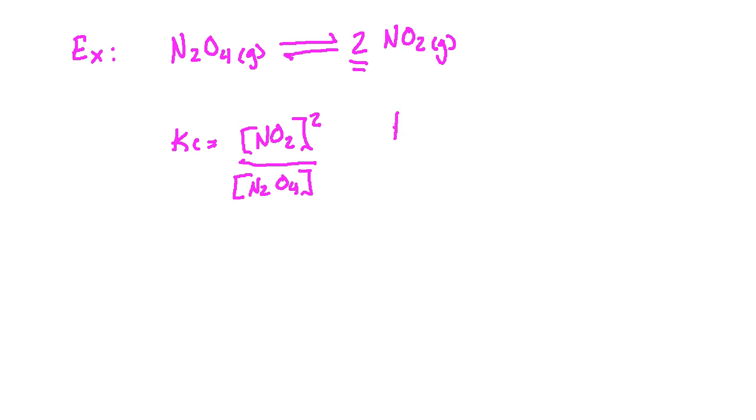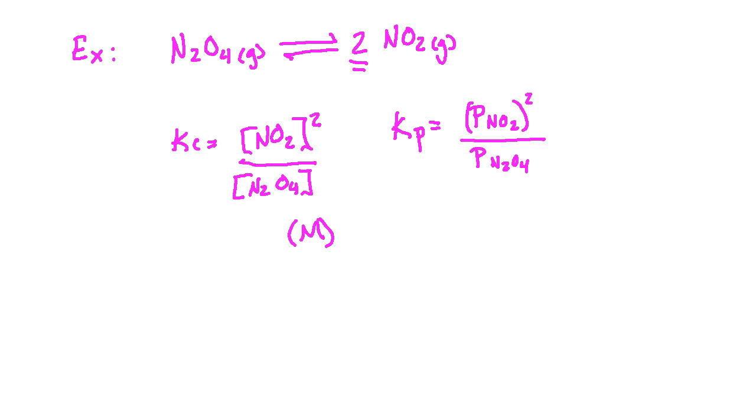Now, if I wanted to do it in pressure, the same rules apply. It would be the partial pressure, so P of NO2, and that needs to be squared because we still raise it to the coefficient, and that would be over the partial pressure of N2O4, and that one could just stay how it is. So keep in mind that the Kc is going to be in molarity. Those would be the units there.